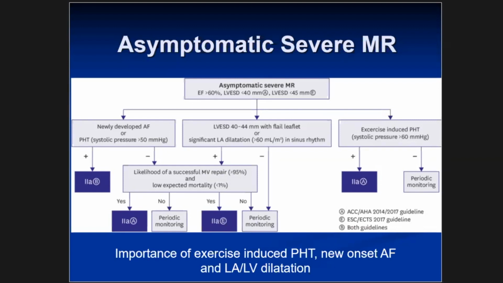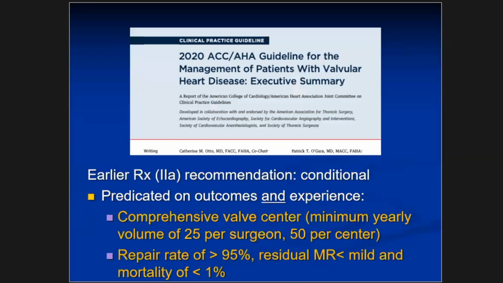And those now have a 2A designation if one can do the repair with a high incidence of success, greater than 95%, and with a very low mortality at less than 1%. So the newest guidelines were authored by our colleague, the first author is Catherine Otto, the 2020 guidelines.